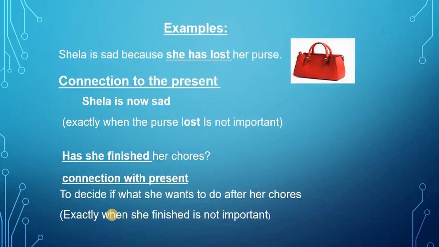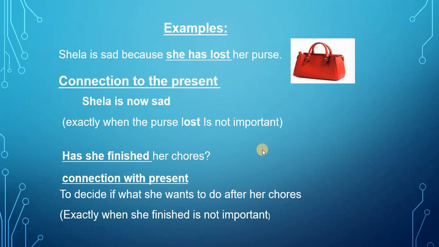Example: Sheila is sad because she has lost her purse. There is the present perfect, she has lost, and the connection with the present: Sheila is now sad. Exactly when the purse was lost is not important.